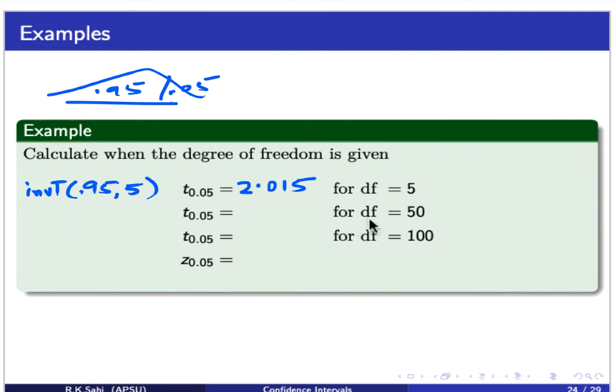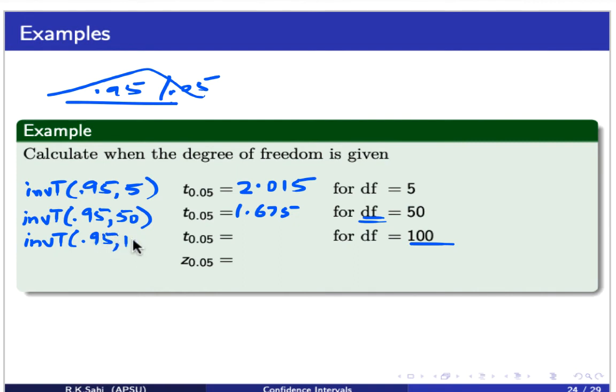Now next one I'm going to increase the degrees to 50. Let's see how it impacts the answer. So when I do this one, I'm getting 1.675. Wow, that's a big difference. Well, let's go to 100. What does that give us? In t.95 100, we get 1.660. Okay.